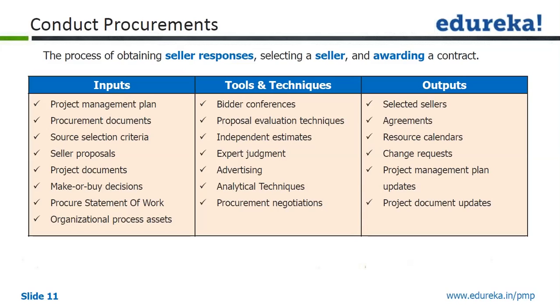So you will do the bidder conferences, essentially a place wherein all the sellers come together and the buyer goes on explaining all the requirements. The technical team will be involved here, all the requirements will be evaluated, and a lot of questions from sellers will be answered, and those answered questions can be collected and put as a part of your project document updates.